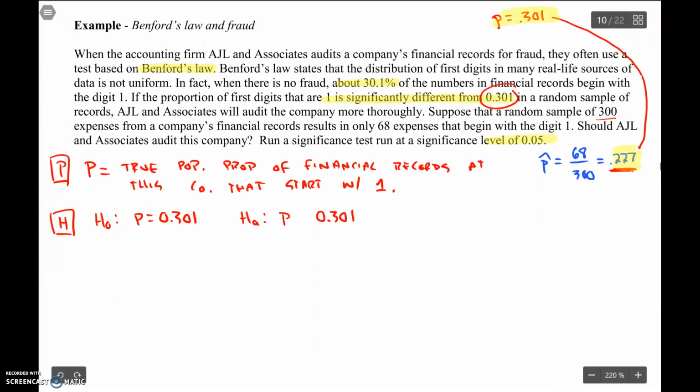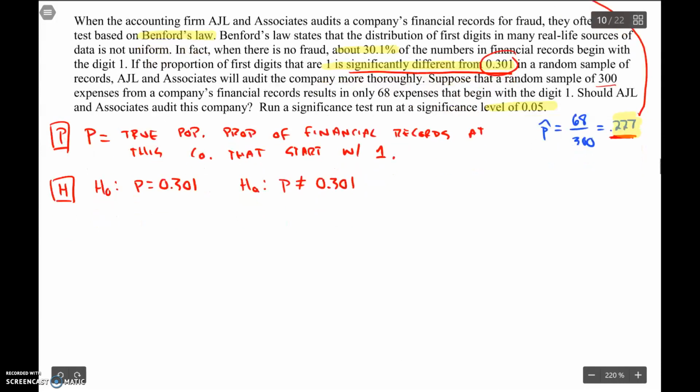So you might be tempted to just say less than because, look, it's less than. But you're supposed to pick that alternate hypothesis before you do your study. If you read the question carefully, it says, if the proportion of first digits is significantly different from 0.301, then they're going to audit the company more thoroughly. So it could have been higher than 30% or lower. So not equal to is going to be our alternate.